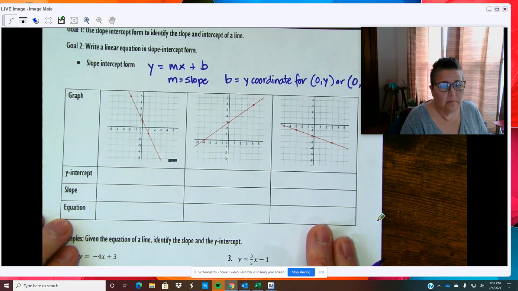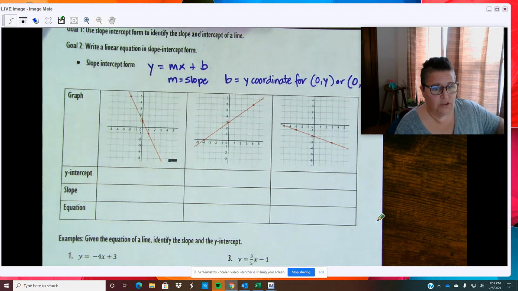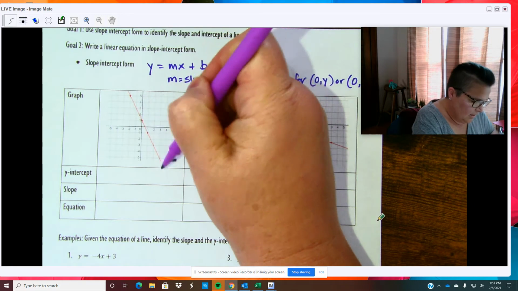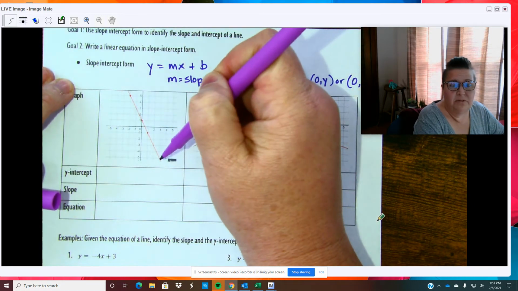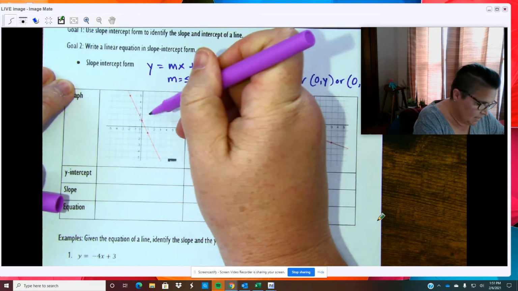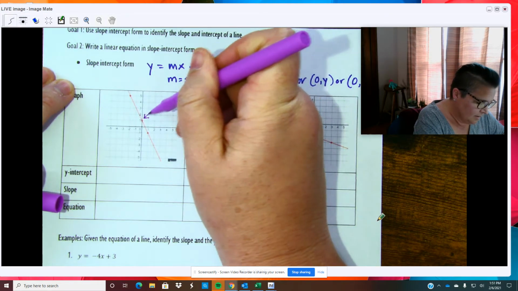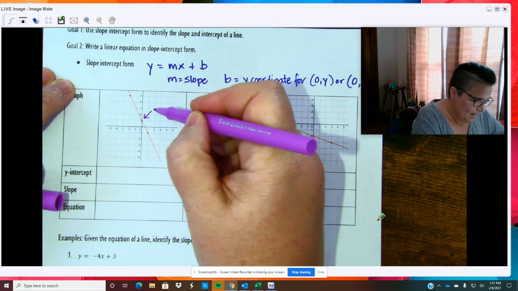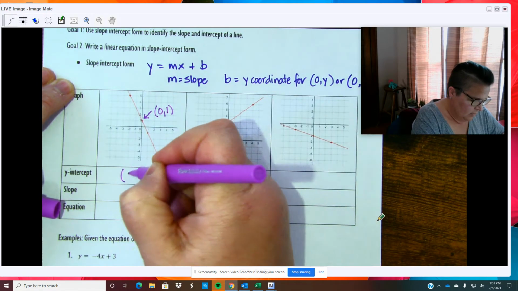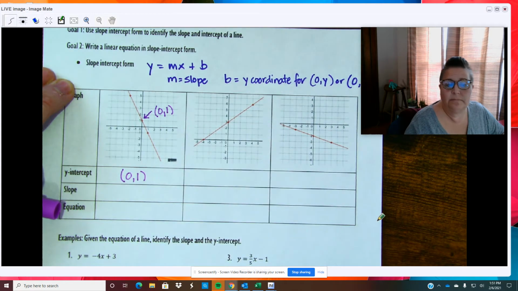If we are looking at this first graph, I want to find the y-intercept of this line. The y-intercept of this line is where this line crosses the y-axis. So that y-intercept is at 0, 1. My y-intercept is 0, 1.